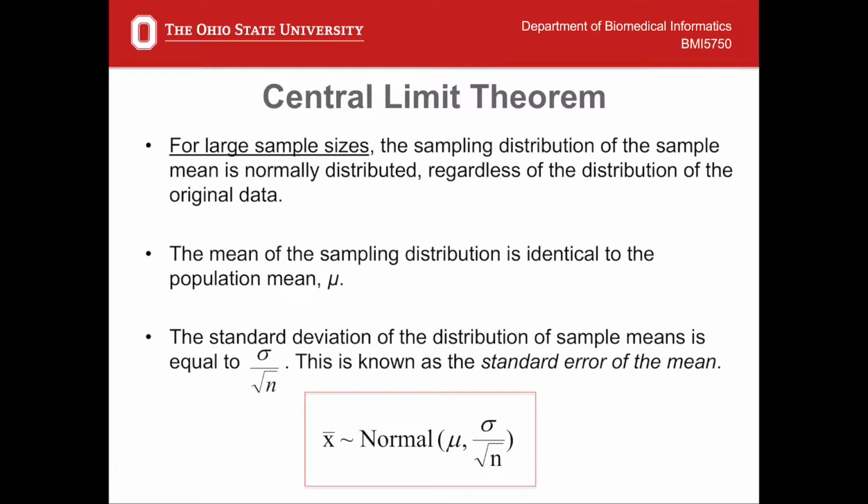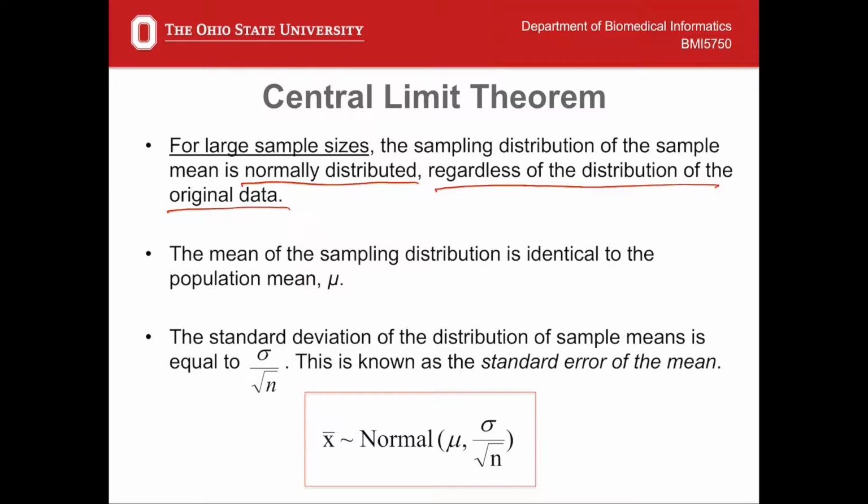Central limit theorem says, for large sample size, the sampling distribution of the sample mean is normally distributed, regardless of the distribution of the original data. The mean of the sampling distribution is identical to the population mean.